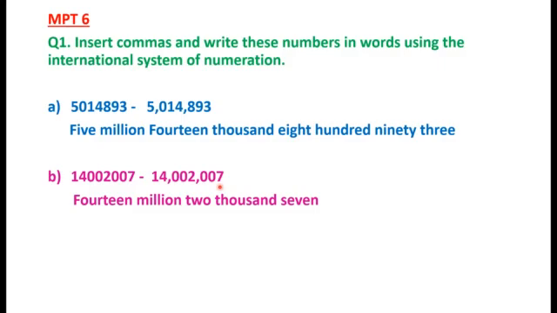First we start with the ones period, that is ones, tens and hundreds. Now the period has changed, so we put a comma and start the thousands period, that is 1,000, 10,000, 100,000. Now again the period is changing, so we put a comma and then comes million and 10 million. So the number is 14,002,007.